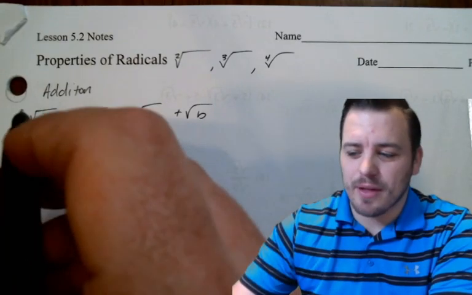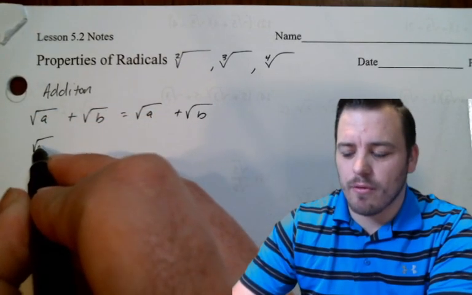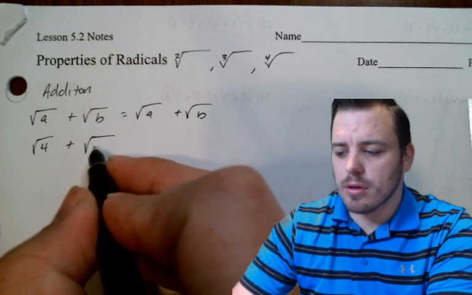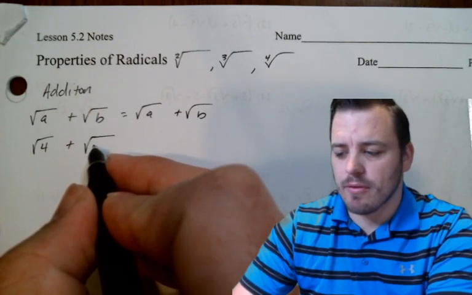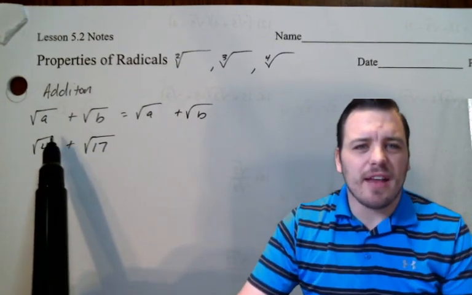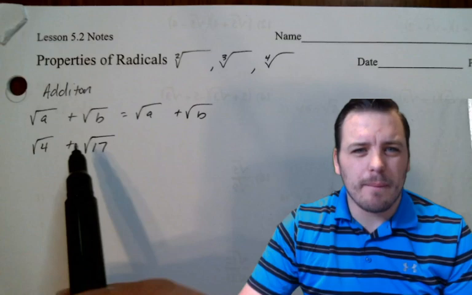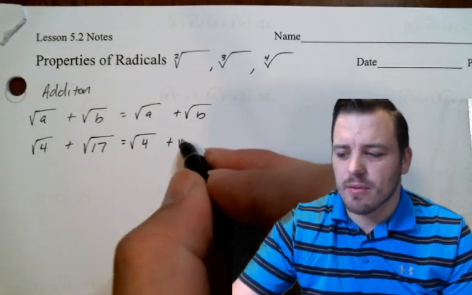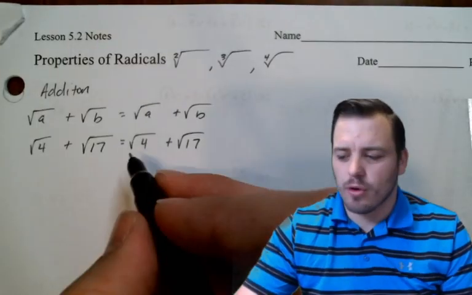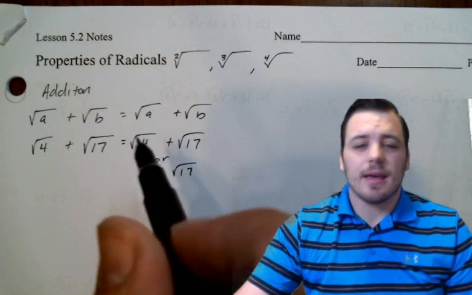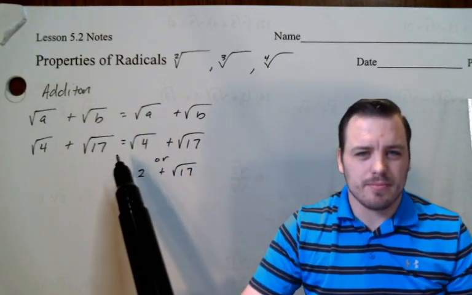Just an example, if you had radical 4 plus radical, let's say, 17, you can simplify radical 4 to a 2, but it's still just going to be radical 4 plus radical 17 at the end. Or we could say 2 plus radical 17. And that's going to give us some number, okay?